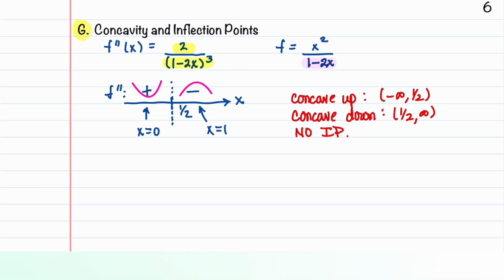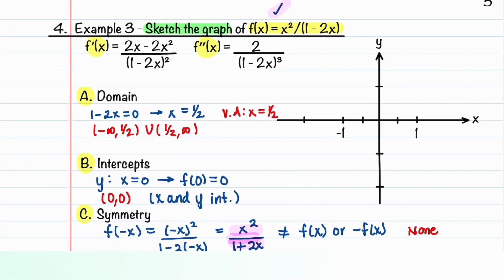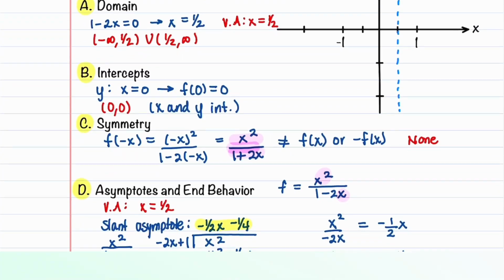Now let's go ahead and put everything that we just calculated on our graph. I think the best thing to do is to put our asymptotes and our points on our graph first. We found that we have a vertical asymptote at 1/2, so I'm going to put this on our graph. And let's go down here and see what else we have.